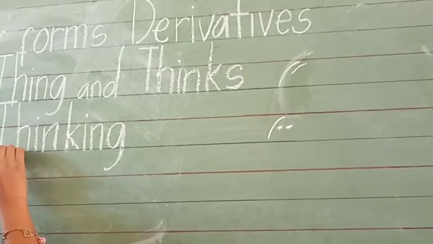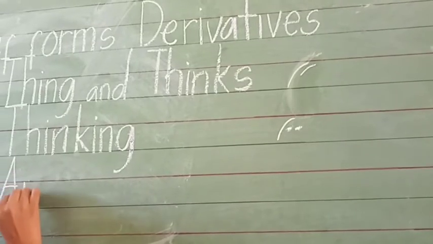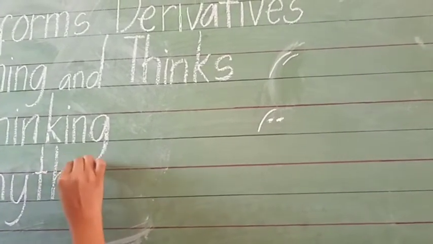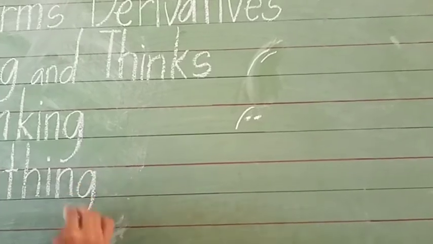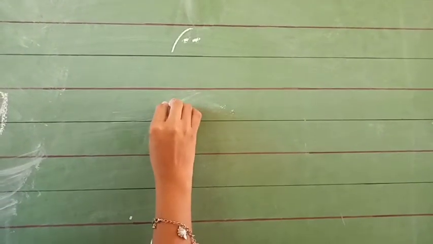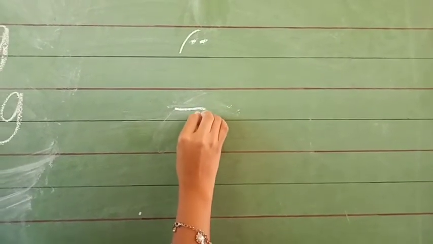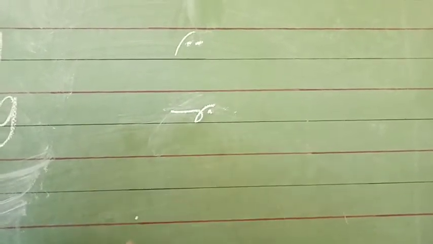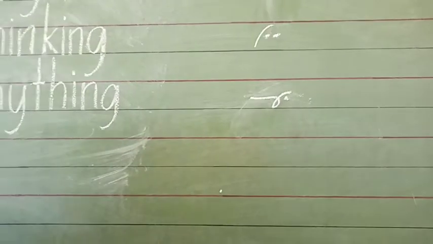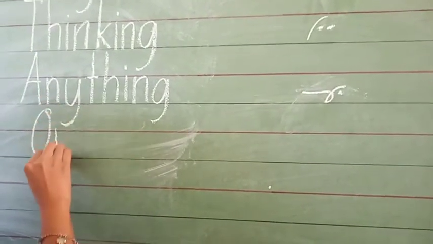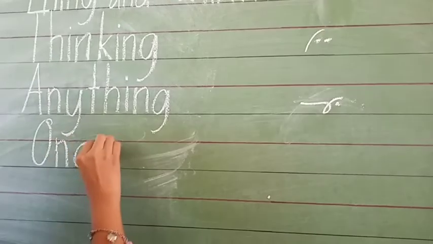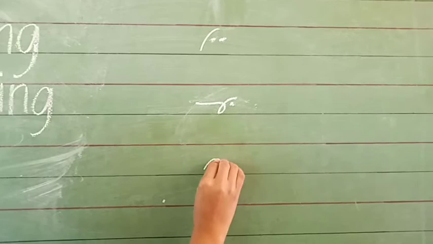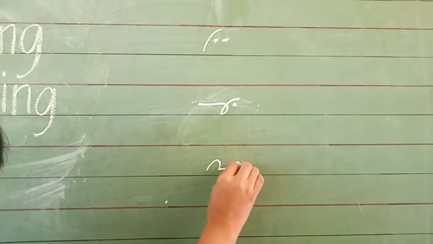Next, anything is represented by NE over ITH with a dot. Next, once is represented by OO, N, and left S.